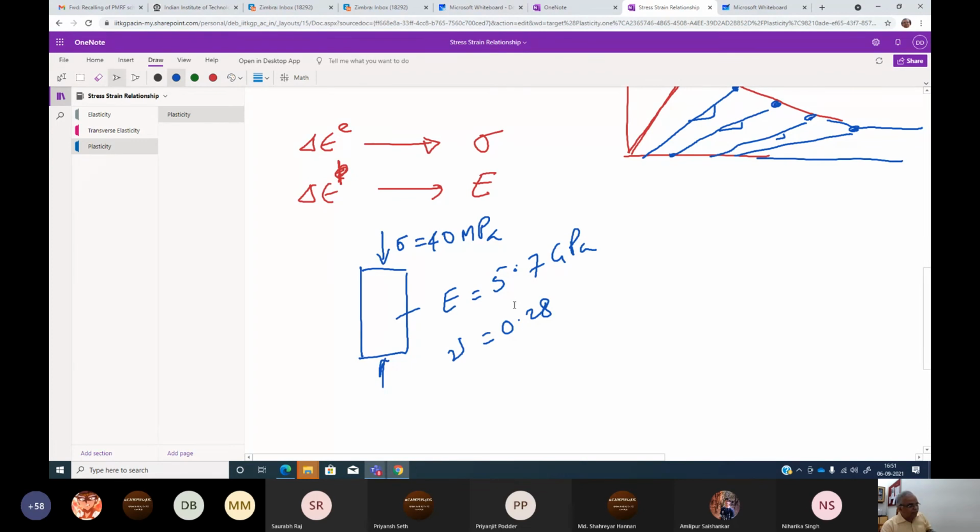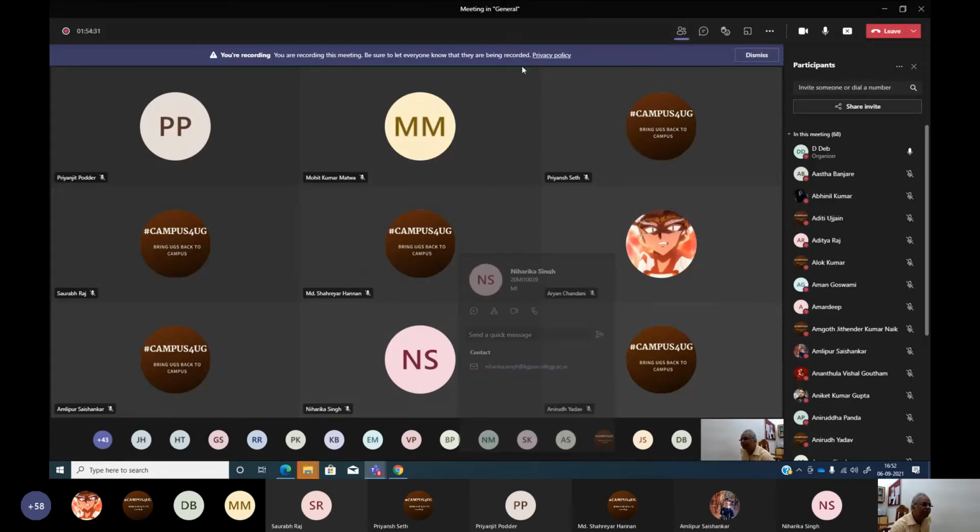Can you tell me what is the volumetric strain, epsilon V? How to calculate volumetric strain?